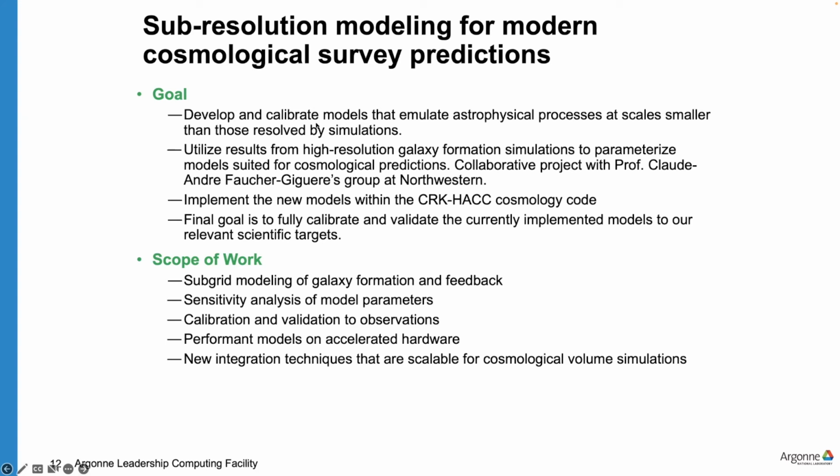We're developing calibrated models that emulate these astrophysical processes at scales smaller than those resolved by simulations. And we're trying to utilize results from high-resolution galaxy formation simulations, which very carefully model galaxy formation and are performed at a much higher resolution. Because of that, they're much smaller in volume.